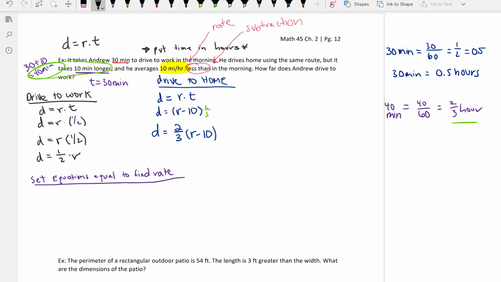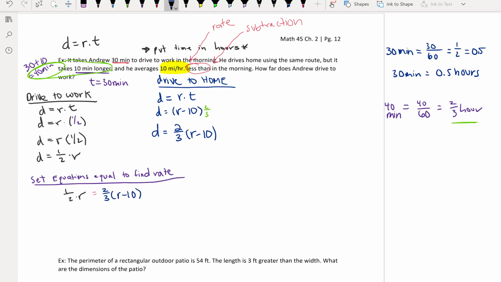So I have my first equation, distance is equal to 1/2 r. So I have my 1/2 r. I'm going to say that's equal to my other distance. So the other distance is 2/3 times (r minus 10).